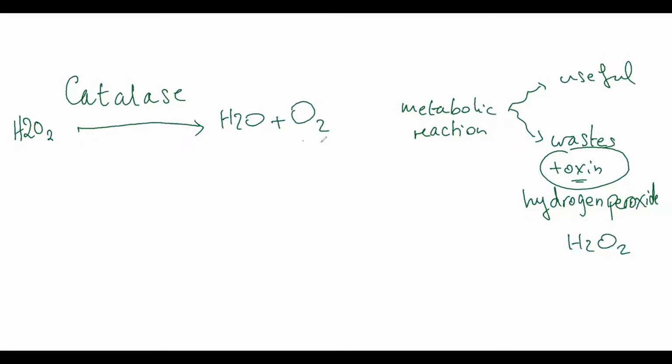Of course, the cell needs oxygen, the cell needs water. These two chemicals, the water and oxygen, are produced after breaking down this toxin. It means that this catalase enzyme is very important to animal and plant cells because it changes something toxic into useful materials.